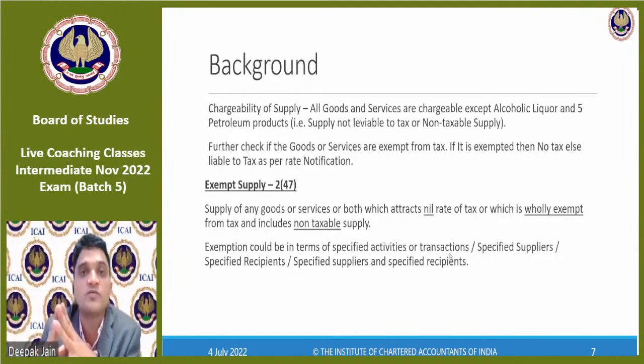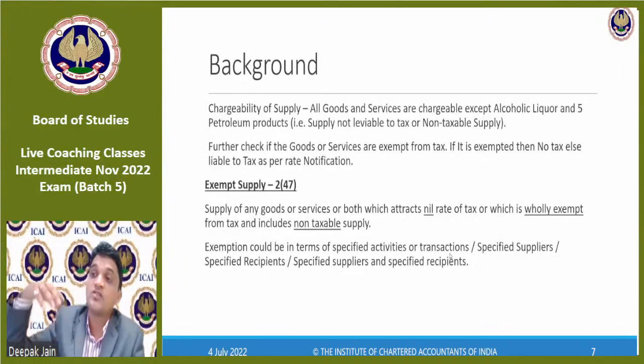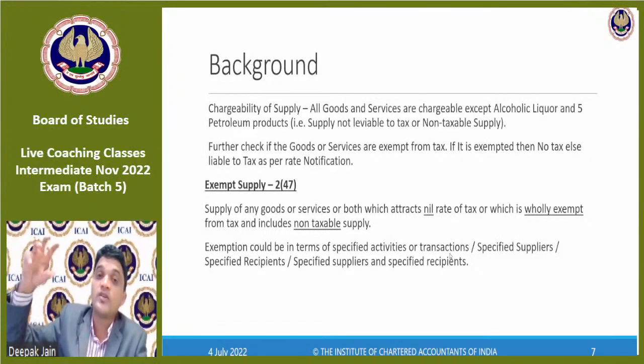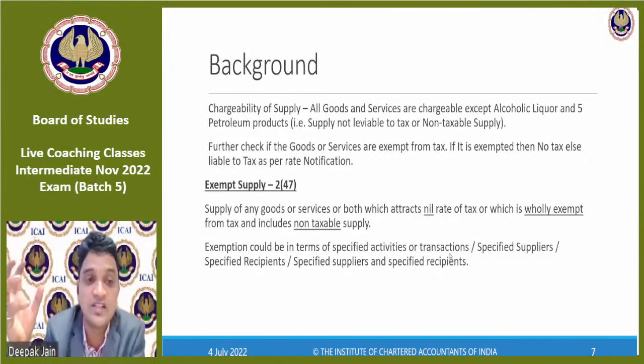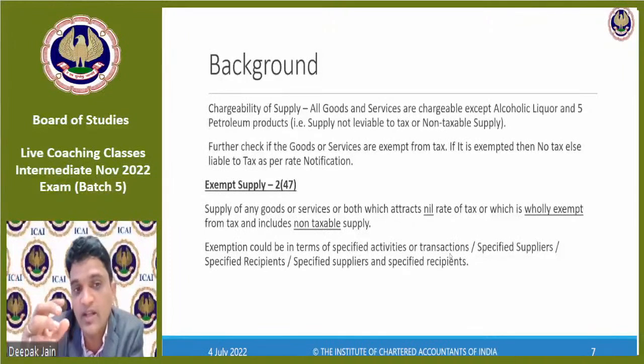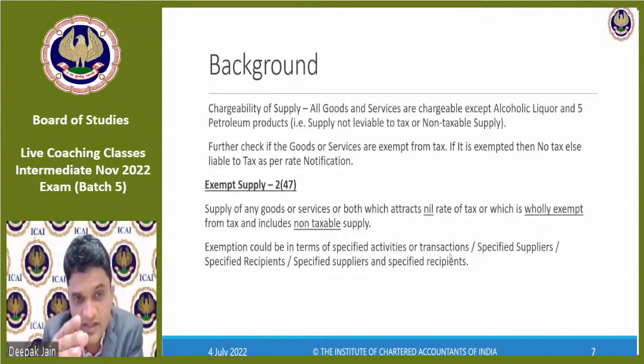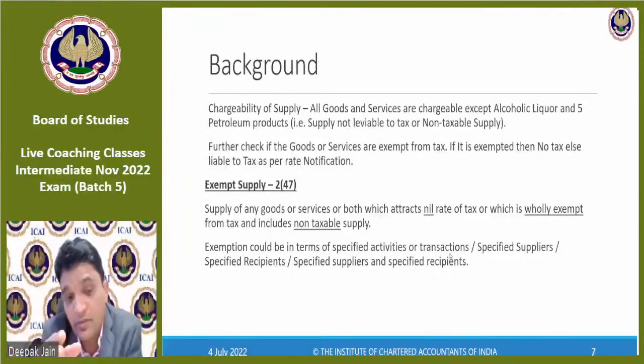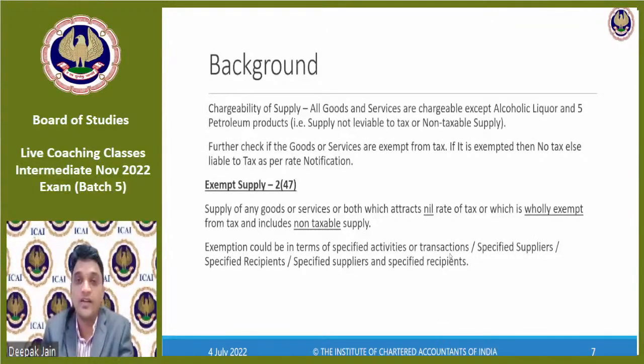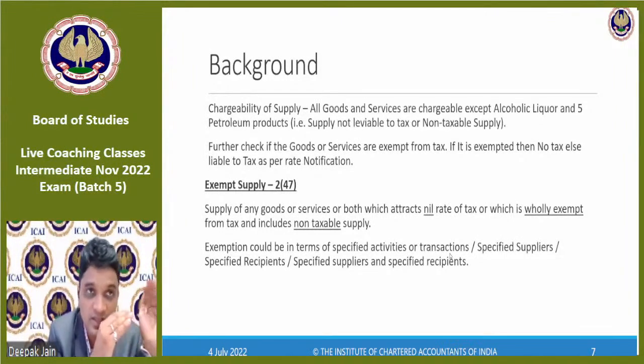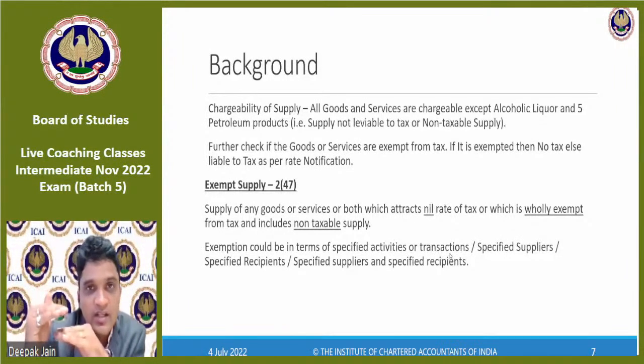That could be an example of specified suppliers. Then specified recipients. Based on the recipient, if it is a government to government service, so if the government is a recipient, then it is exempt. That could be an example of a specified recipient. It could also be specified recipients and suppliers, that is, specified suppliers and specified recipients. So supplier should be this category of person and recipient should be this category of person.